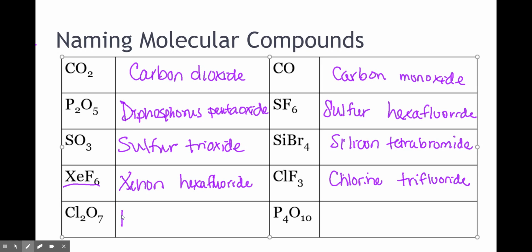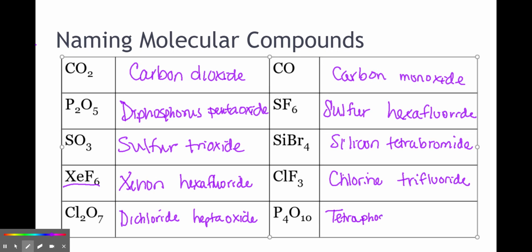Next we have dichloride, heptaoxide. For our final example, we have tetraphosphorus decoxide.